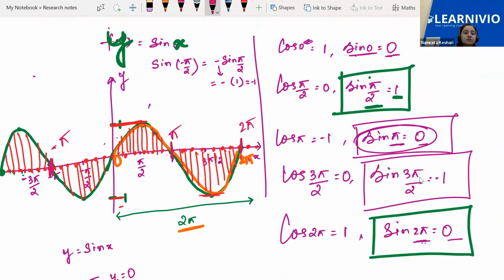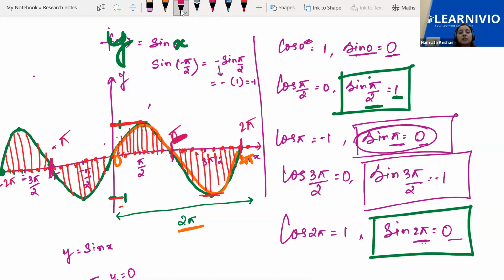Check it. Odd numbers? Pi, 2 pi, there also minus pi, minus 2 pi. Is it odd numbers? Correct.